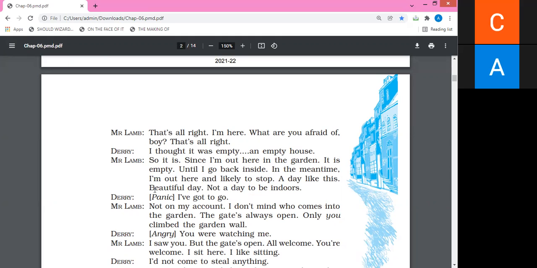The reason behind that was the weather conditions were very fine on that particular day. He wanted to stay here in the garden. He never wanted to enter his house. Indoors, I think this word is quite familiar to you people. Indoors means inside the house. So I think you are very clear up to this particular dialogue.